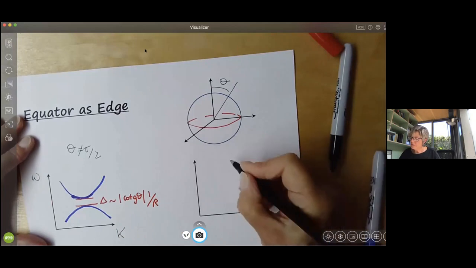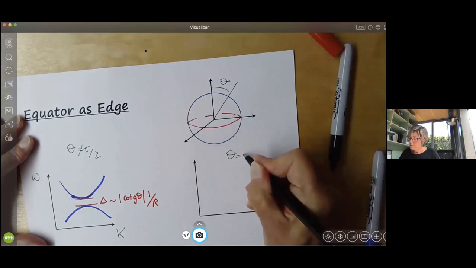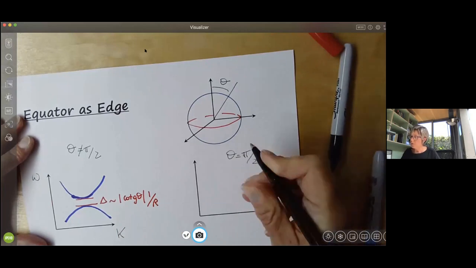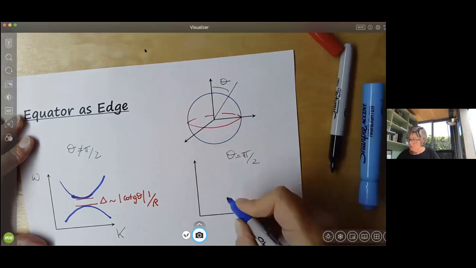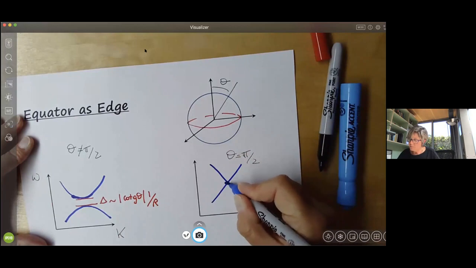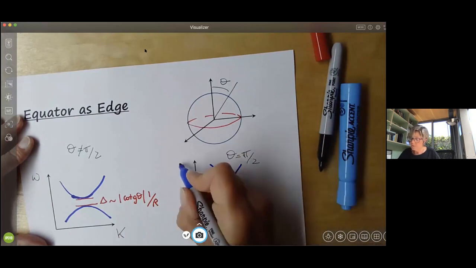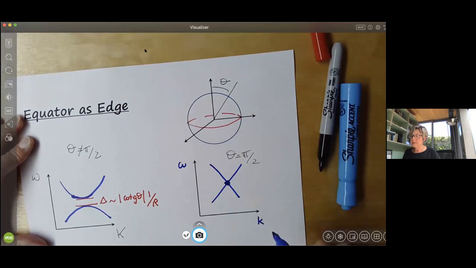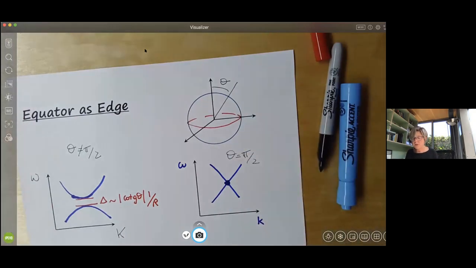Right at the equator, theta equal pi over 2, the gap vanishes, and the two sound waves meet at a common point. So the curvature really changes the dispersion relation of my sound waves.